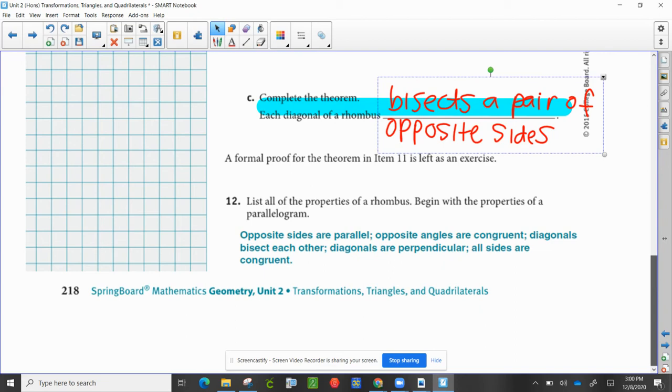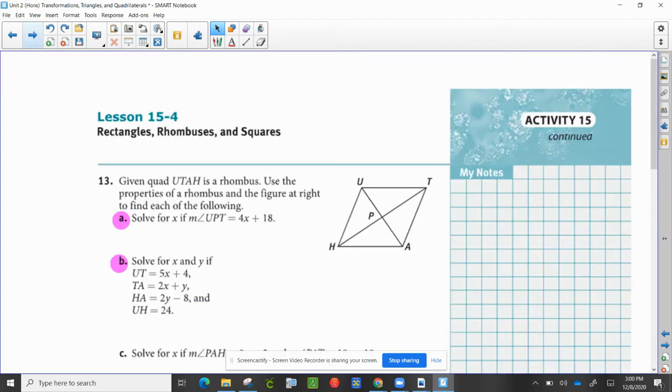We'll put those in our family tree tomorrow during notes, but here is a quadrilateral UTAH, U-T-A-H, and they're telling you it is a rhombus. So use the properties to solve for x if angle UPT, so this angle here, is 4x minus 18. So what do we know about all the angles here where our bisectors meet? They have to add to what?